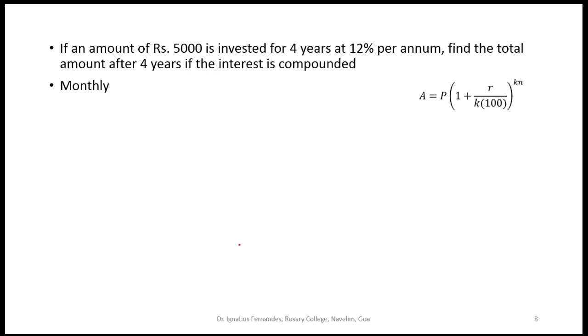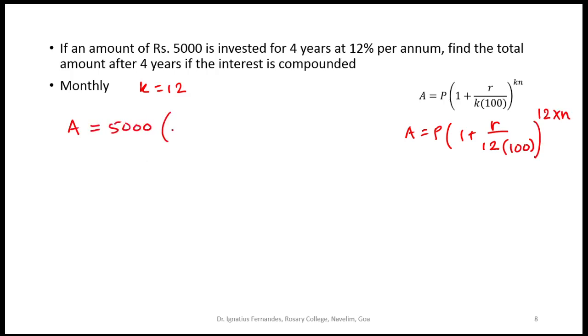And if the interest is compounded on monthly basis, then we know that k is equal to 12. So accordingly this formula is P into 1 plus R upon k into 100, which is 12 into 100, raised to 12 into n. The total amount after 4 years that we want to find out is 5000 into 1 plus 12 upon 12 into 100, raised to 12 into 4.